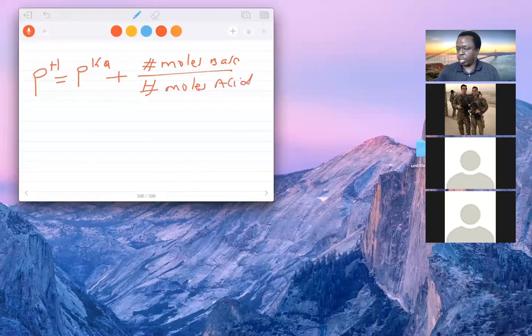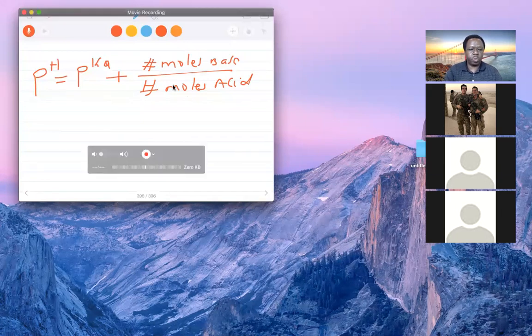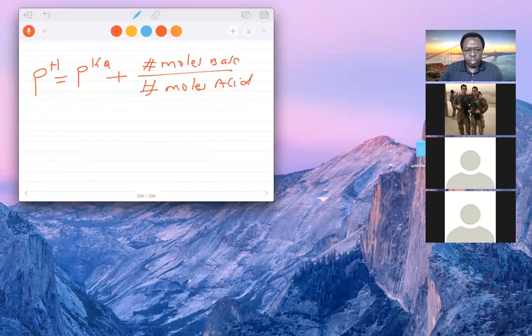It still works the same way because molarity is number of moles over volume in liters. So if the volume is 100 and 100, they will cancel out, and these equations work fine in some problems. That's how to find the pH of a buffer solution.